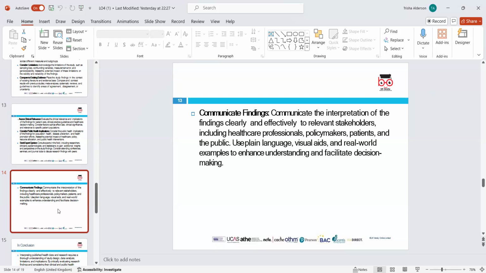Use plain language, so it's language that people understand. Use visual aids, so people can see. If they're not understanding the words, they can actually see things in front of them. Use real-world examples, because they make things more relevant to people. These all enhance understanding and facilitate decision-making. So how you communicate your results is very important.